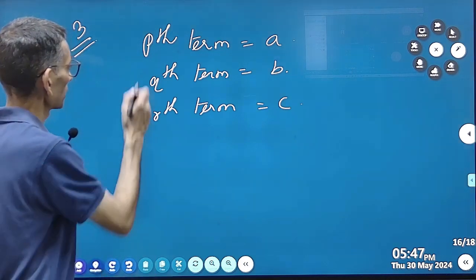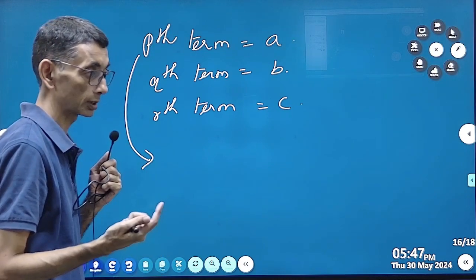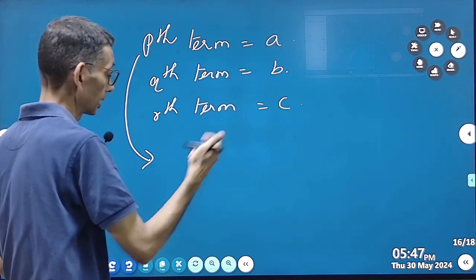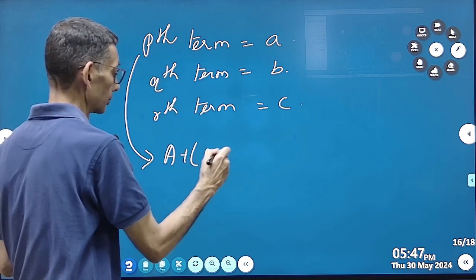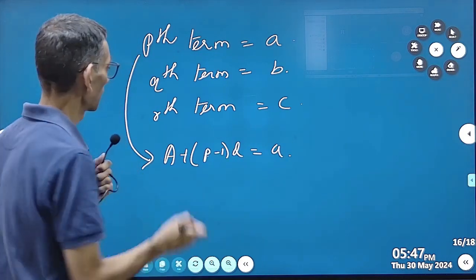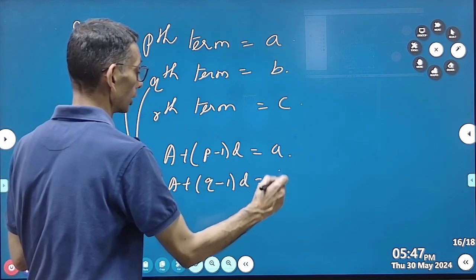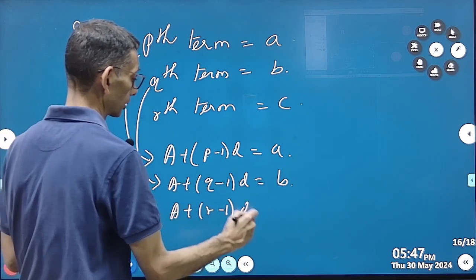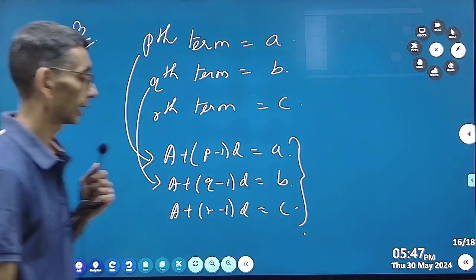Now the nth term formula we know is a plus n minus 1 d. For the pth term the formula is the same, a plus p minus 1 d, where n becomes p. Again the qth term formula is a plus q minus 1 d equals b, and the rth term formula is a plus r minus 1 d equals c.